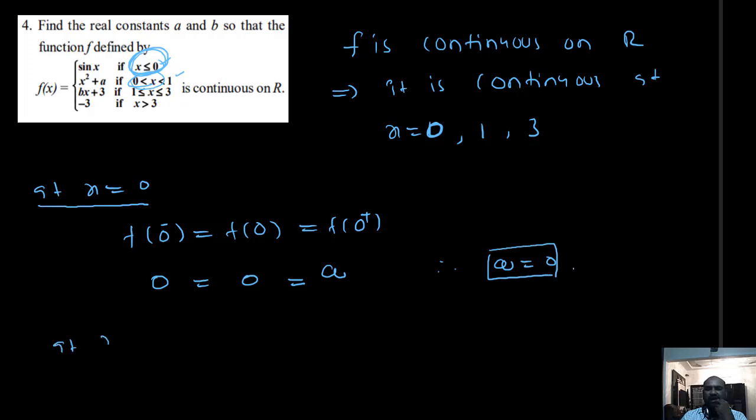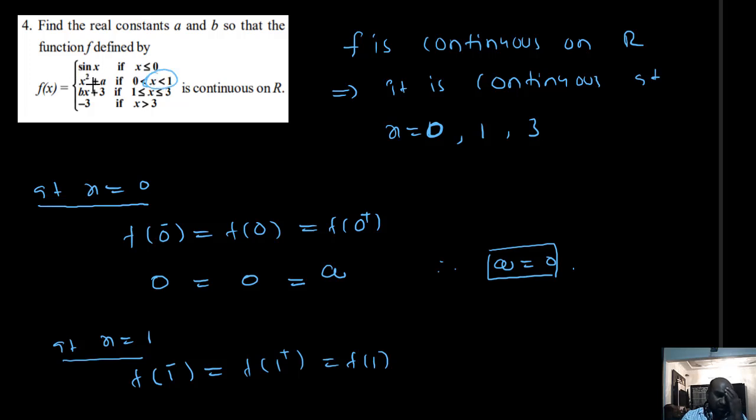Next, at x equal to 1, what happened? F of 1 minus equal to f of 1 plus equal to f of 1. Students listen, f of 1 minus, so instead of x we write 1, what will we get? 1 plus a equal to f of 1 plus, here 1 plus or 1 both are same, b plus 3.